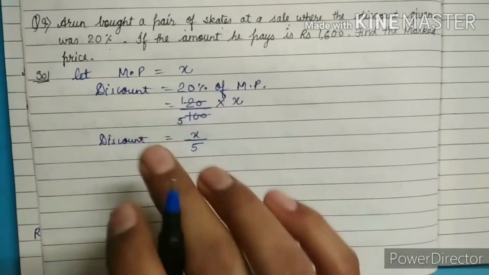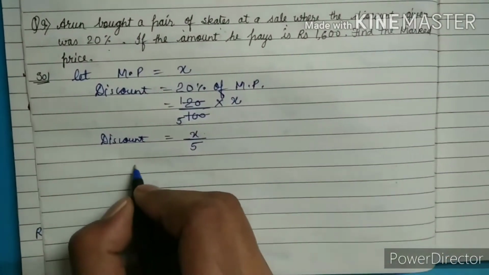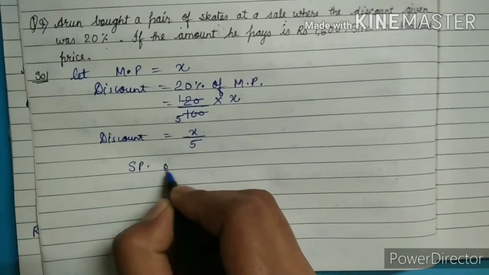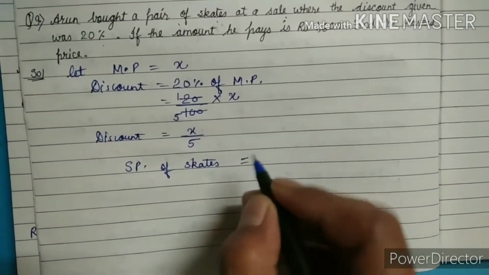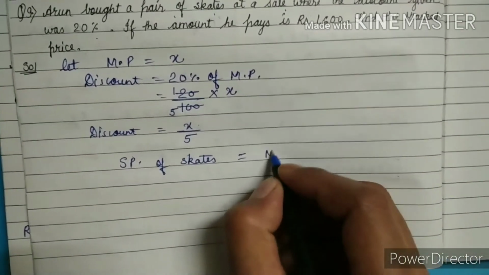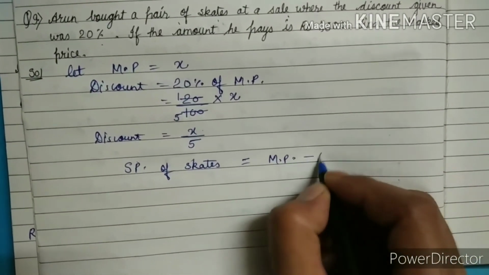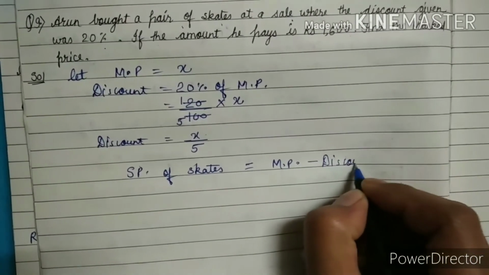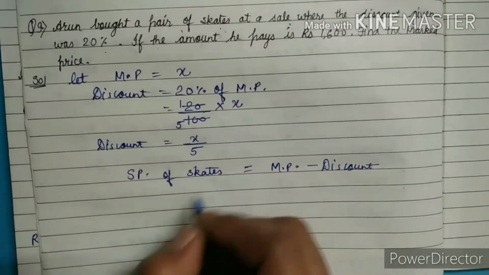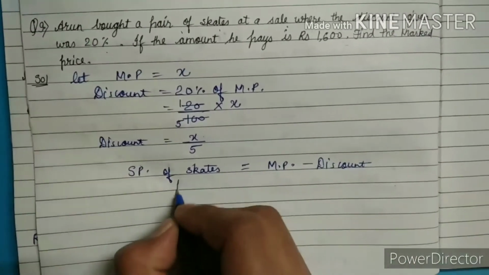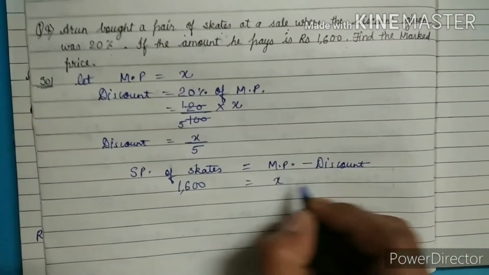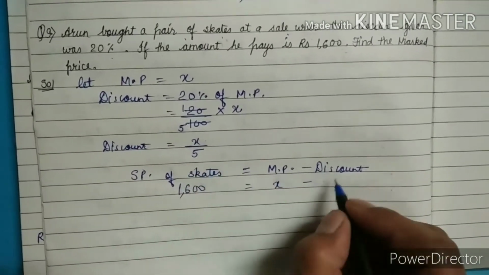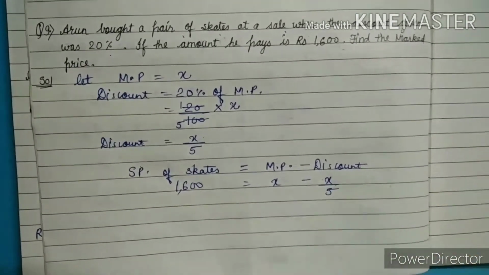They have given us the selling price. The selling price of the skates can be taken as marked price minus discount. The total selling price of the skates is 1,600 rupees. The marked price that we supposed is X and the discount that we took is X by 5.